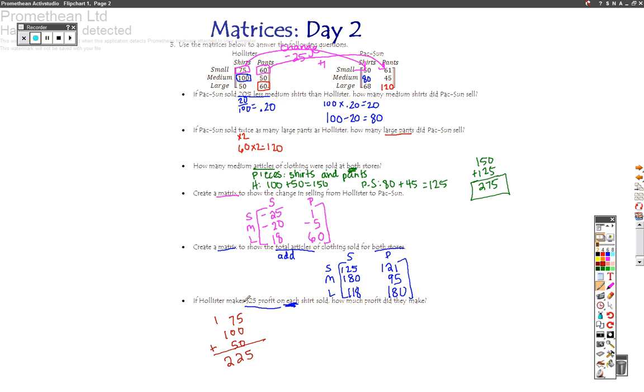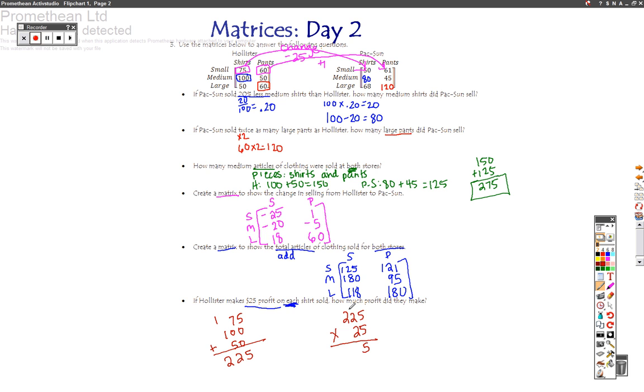Now, this $25 profit on each shirt means 25, 25, 25, 25, 25, 25, 25. I would have to do 25, 225 times, or I can do 225 times 25.